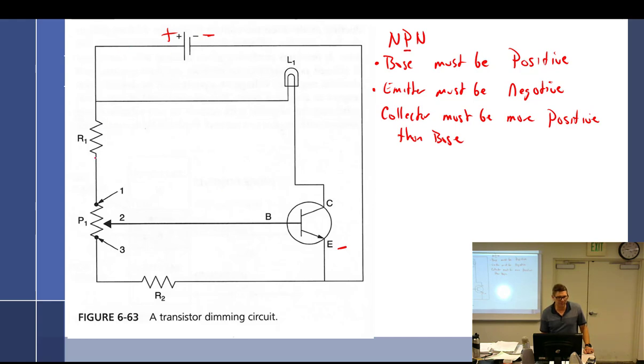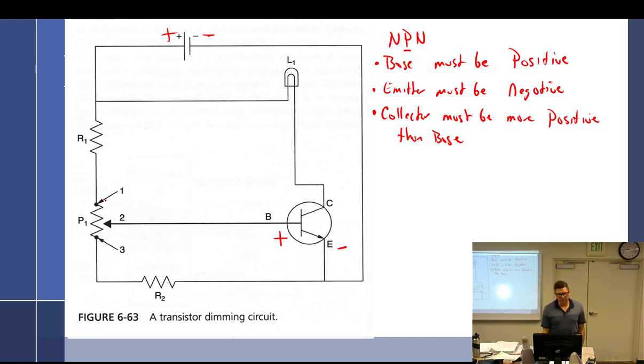So on the positive side, we've had a voltage drop, we've had another voltage drop, but is that positive with respect? All right, positive with respect. Collector must be more positive than base. Is the collector more positive than the base? It is, assuming that L1 is not some dramatic load right here.